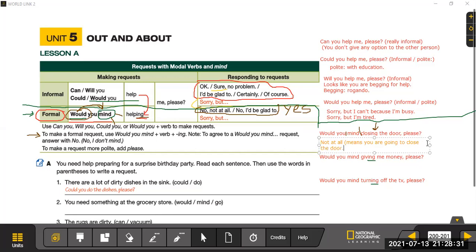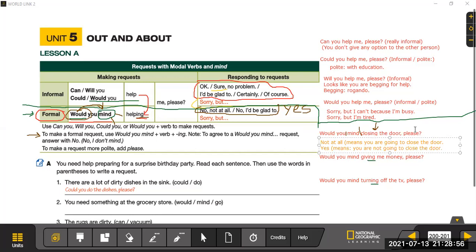So when you say no means yes, but that only happens with would you mind. And when you say yes means you are not going to close the door.